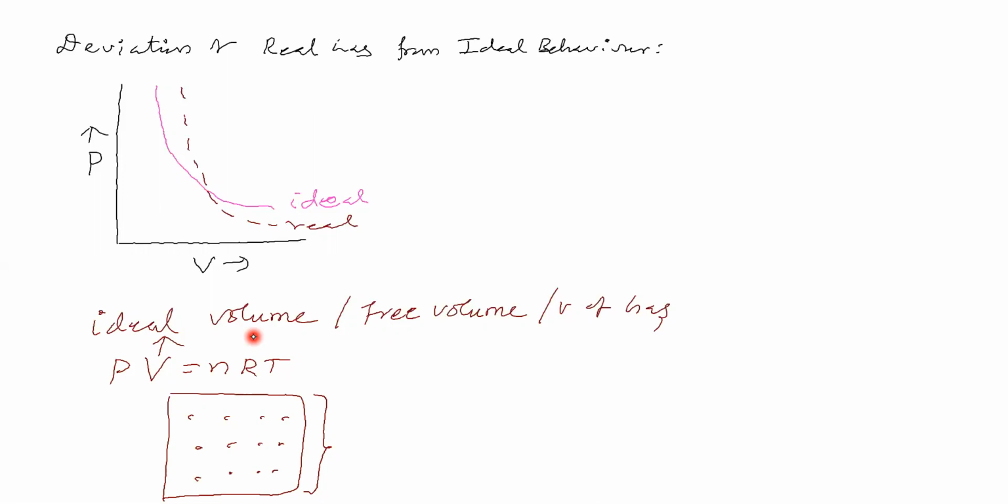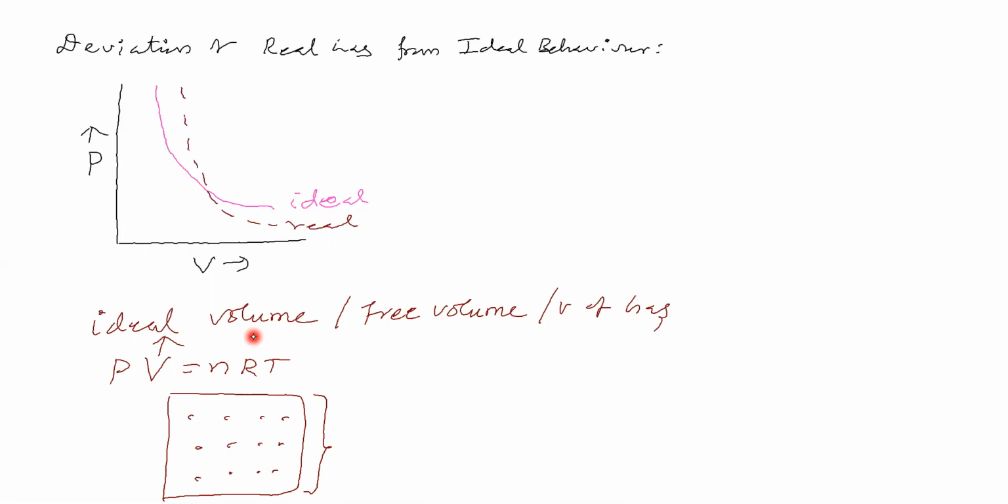So free volume means the volume available for each gas molecule to move freely from anywhere to anywhere. Have we got an idea? Free volume in the sense so and so volume is available for each gas molecule for complete free movement. That is called free volume.